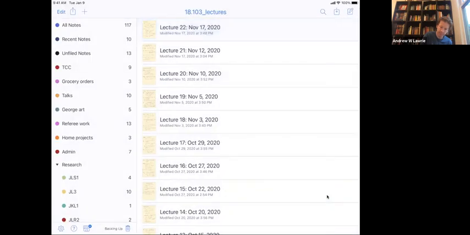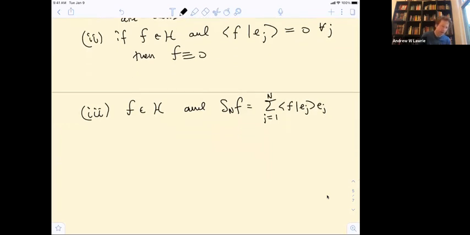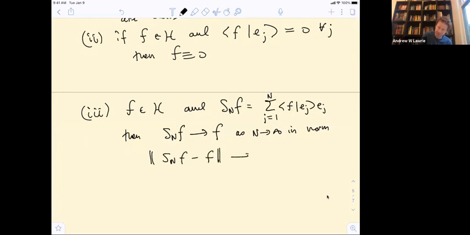Three, if f is in the Hilbert space and S_n f is defined to be the sum of f paired with e_j times e_j, j from 1 to n, then S_n f tends to f in norm, which just means that the norm of S_n f minus f goes to 0 as n goes to infinity.